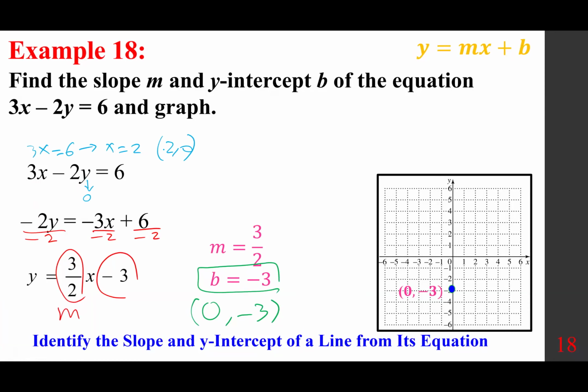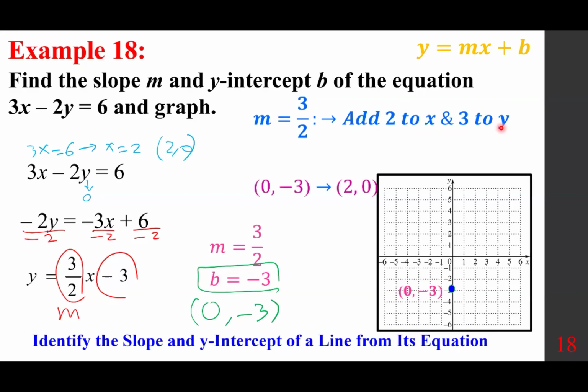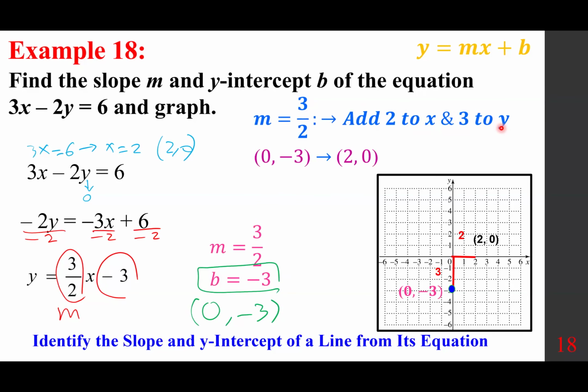If you were to use this concept of rise over run, you can write m is 3 halves. So add the bottom, which is 2, to x, and the top, which is 3, to y, and it happened to give you the x-intercept. It may not. So 3 up, 2 over, that gives you the (2, 0). Connect the two, and you're done.